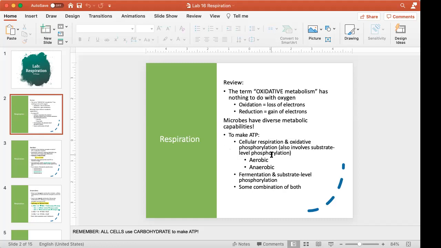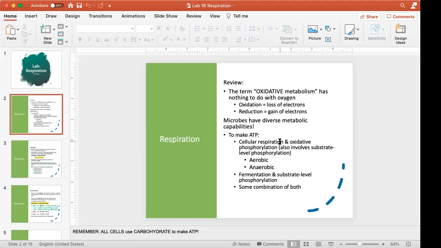But we do need to remember that a little bit of extra ATP is made in the midst of cellular respiration. A little bit extra gets made. A little ATP gets made during the process of glycolysis, which is the first set of reactions in cellular respiration. Now, that ATP is not being made by oxidative phosphorylation. That ATP is being made by substrate level phosphorylation.